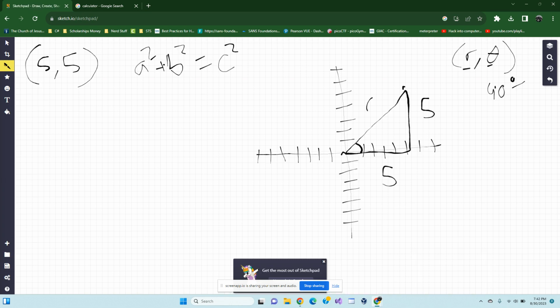So we're just going to round, and since we are converting to polar, we have our radius, 7.07. Now we need to find our angle. And in geometry, you should have learned about SOHCAHTOA, which is an acronym.